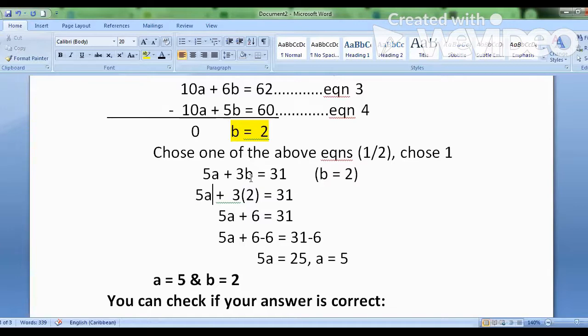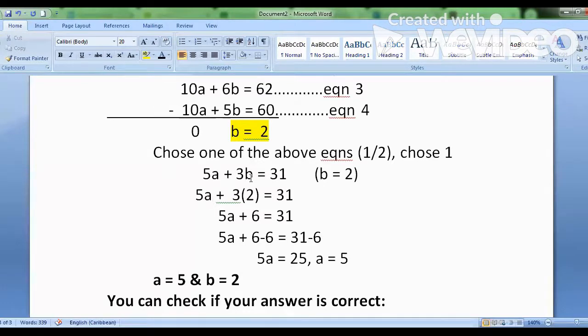What Sir did was, when we worked out the first section, we solved B, so B was equal to 2. We had the option to choose any of the equations to solve A.